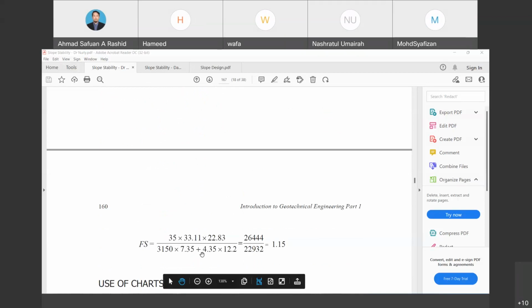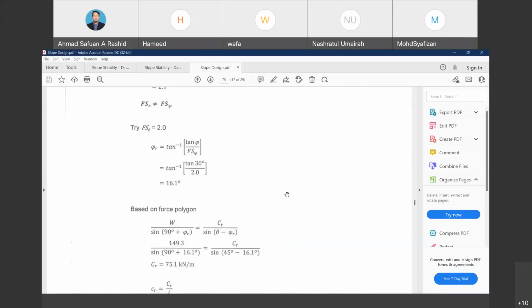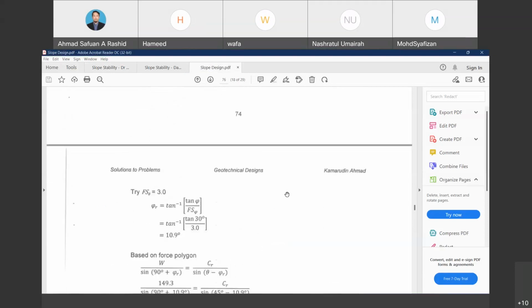So there are some errors in this example. So please look again at this example, and make sure that you understand how to check the stability by using the total stress method. So that is the example for Dr. Noli.